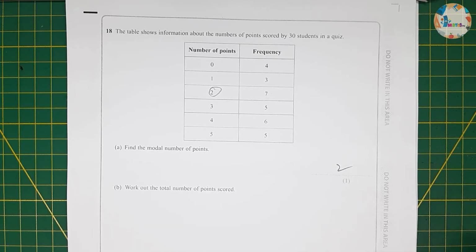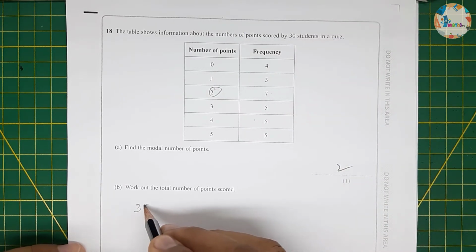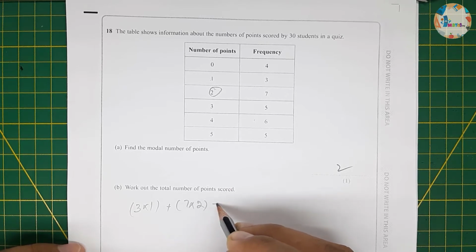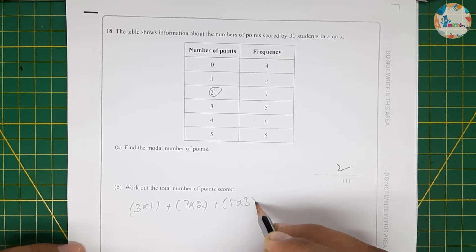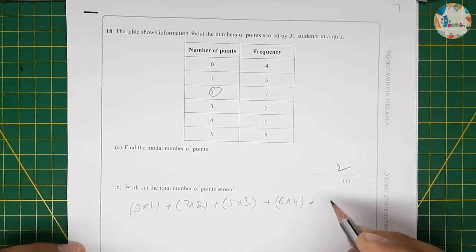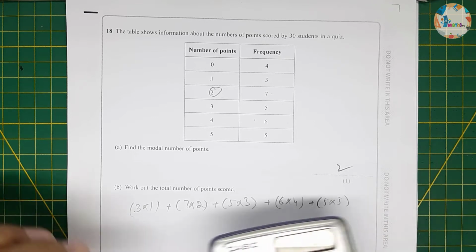So total number of points scored will be 3 times 1 plus 7 times 2 plus 5 times 3 plus 6 times 4 plus 5 times 5. So we can check this.